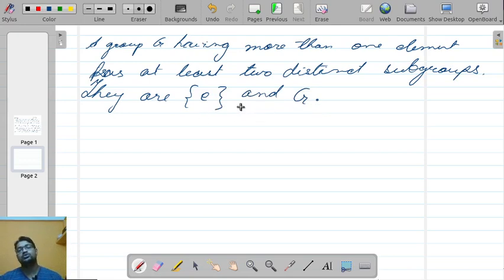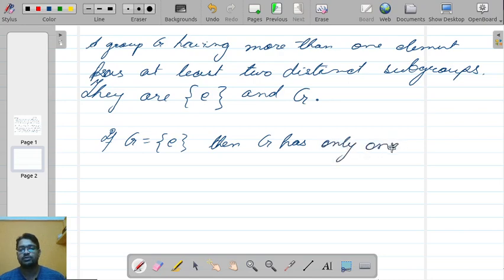At least these two subgroups will always be there in a group having more than one element. And if a group has only one element, that is the identity element, so G equals singleton E, then G has only one subgroup, because there are no other elements.